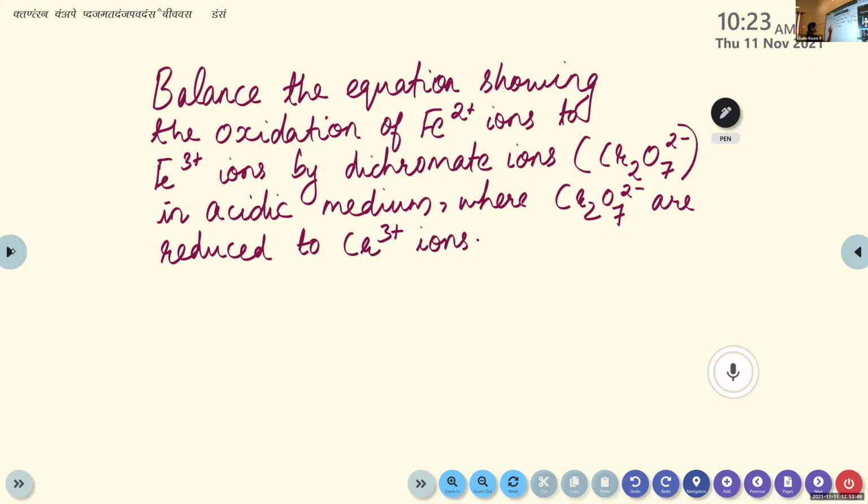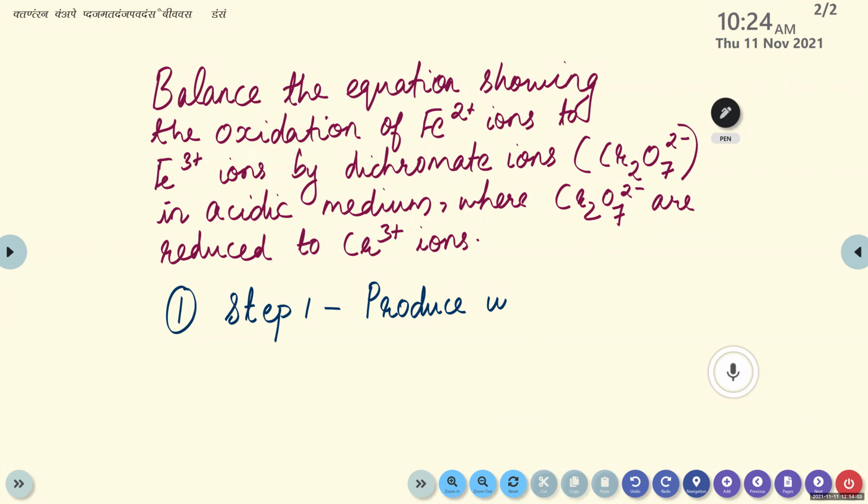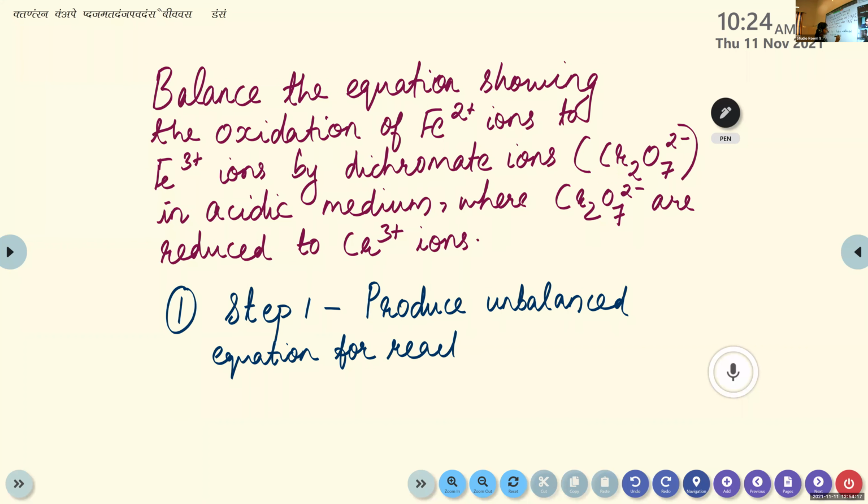So write down the step 1. Step 1. Produce unbalanced equation for reaction in ionic form.